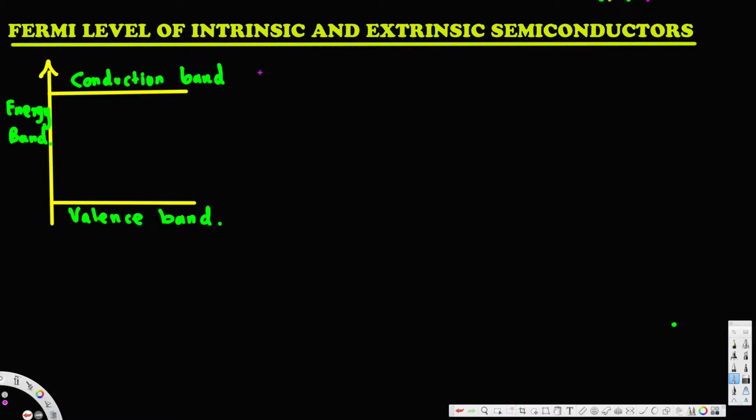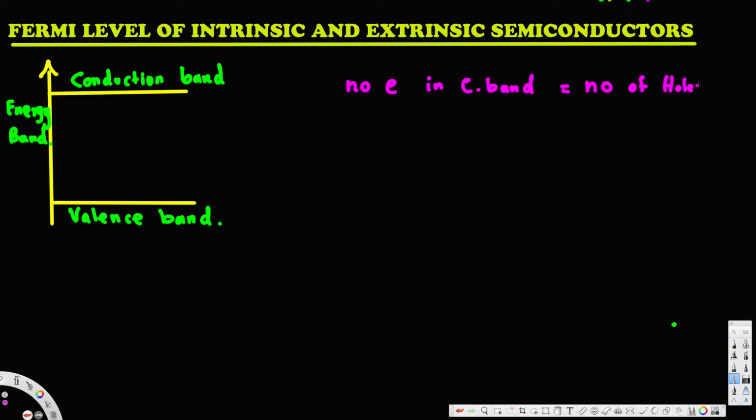Now let's look at the intrinsic semiconductor Fermi level. For an intrinsic semiconductor, the number of electrons in the conduction band is equal to the number of holes in the valence band.